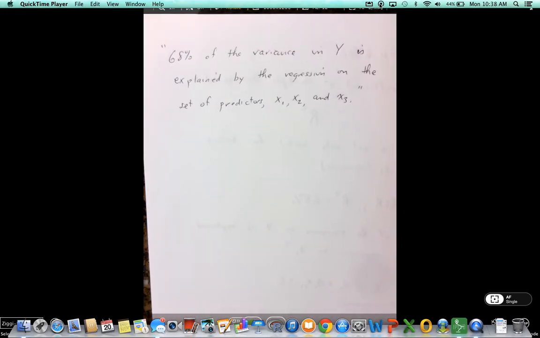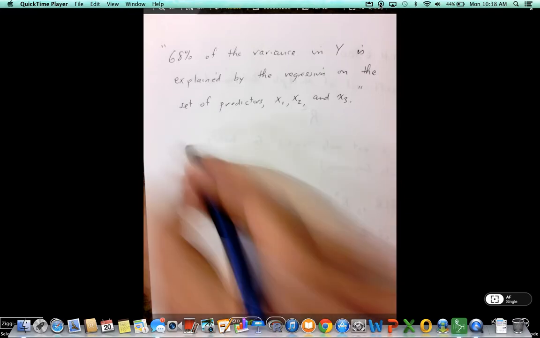Now, it may be pretty obvious to you that our next step is to examine the change in R squared as we add a coefficient.